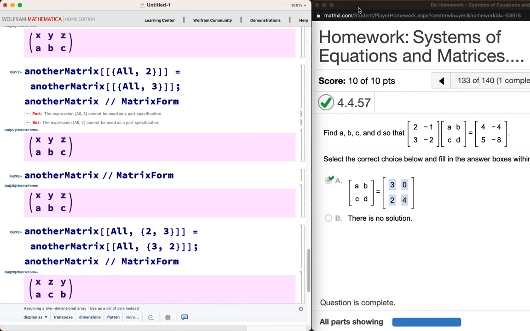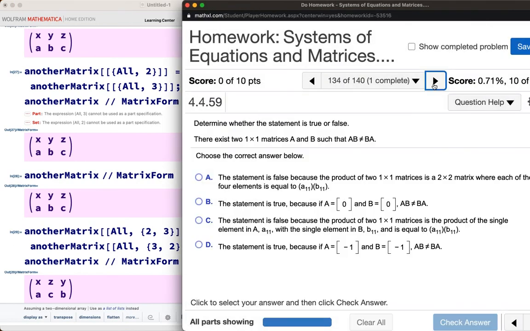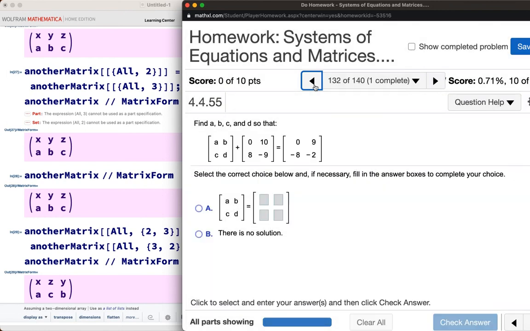Let's take a look at one more problem. Let's see. Hold on one second.